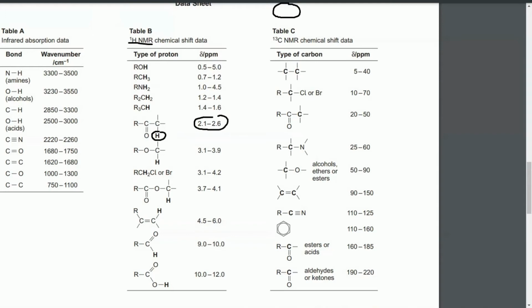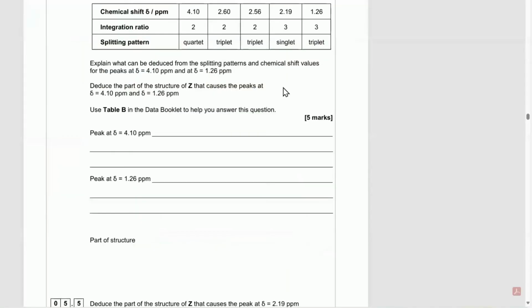So let's go back and put this piece together. We were looking at 2.19. It's telling us that we have this hydrogen here, giving us a 2.19 ppm chemical shift, and it was telling us that there is a carbonyl group attached.